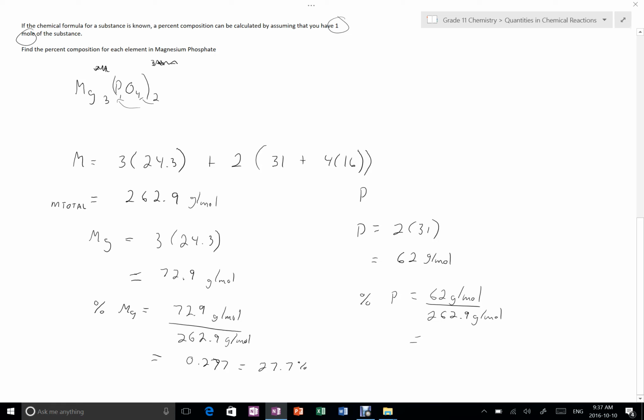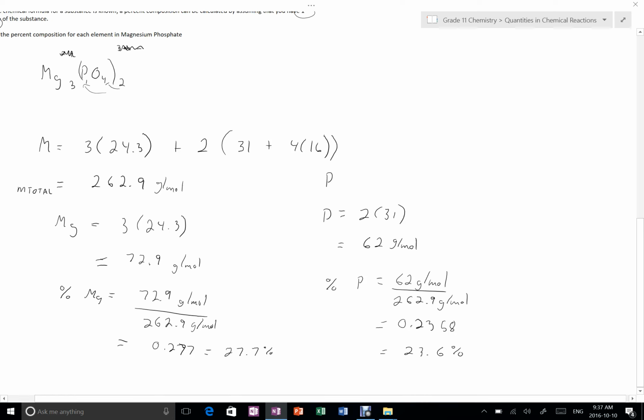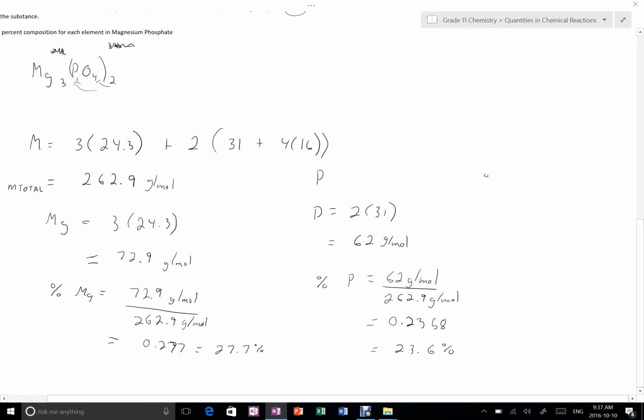62 divided by 262.9 is 0.2358. I'm going to just round that to 23.6%. And then I'm just left with oxygen. So for my percentage of oxygen, I can recognize that they all should have added up to 100%.